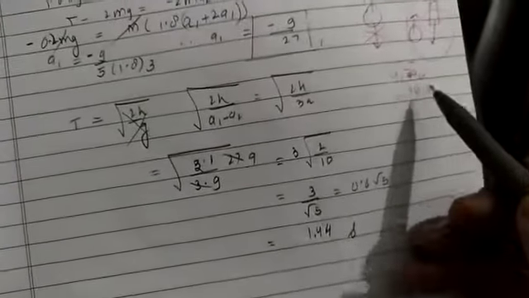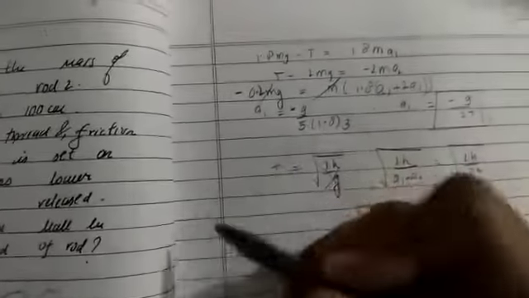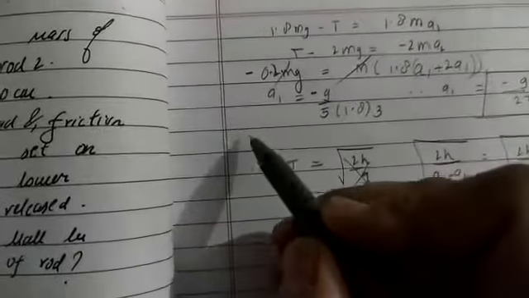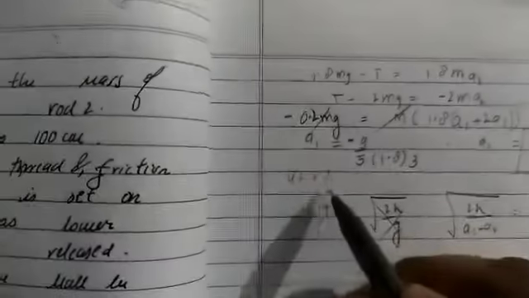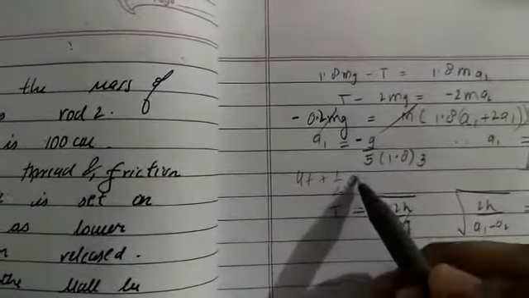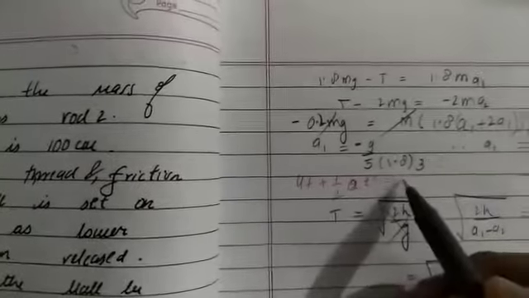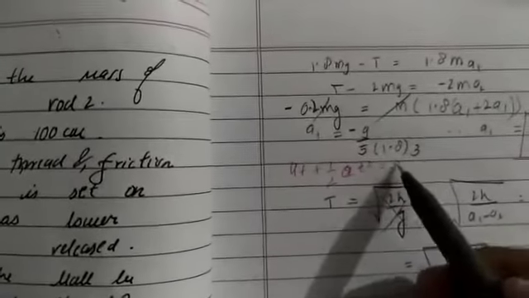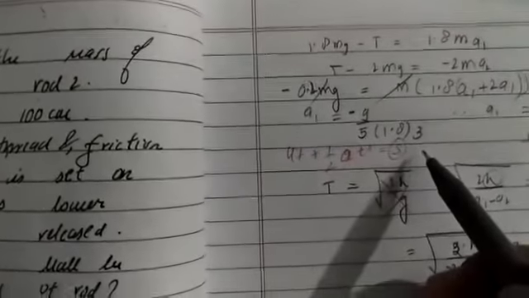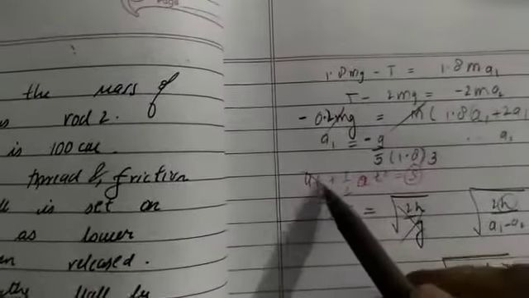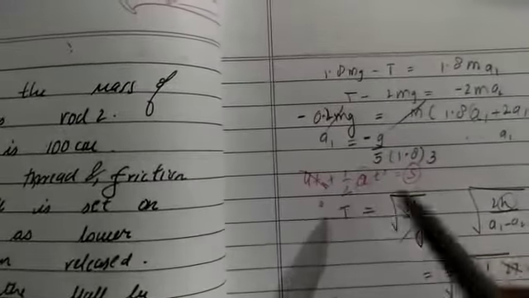So the net acceleration is 3a1, and by using the normal equation, that is ut plus half at square is equal to s. For this case, s is given as h, which is 100 centimeter, and u is equal to 0, and a is equal to 3a1.